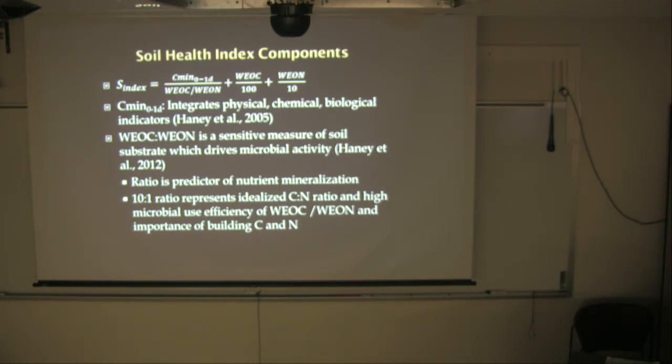The water extractable carbon and nitrogen parameters to the right capture just the overall importance of building soil carbon and nitrogen. And the 100 to 10 is representative of an idealized 10-to-1 ratio, reflecting a theoretical greater microbial use efficiency of this water extractable portion of the carbon and nitrogen pool.